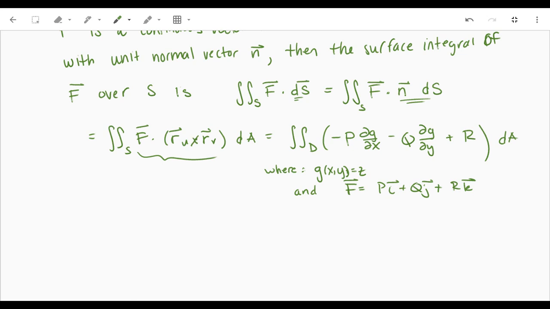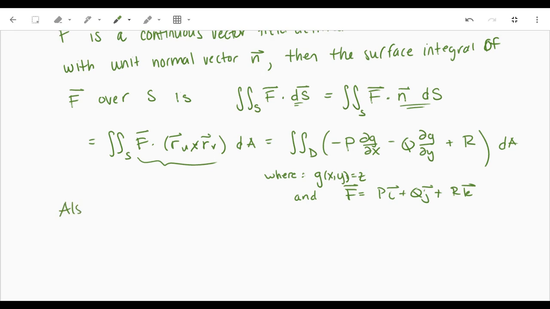So these are some equivalent expressions that we will be using. Let me get you an example of that. This is also called flux. It's the rate at which stuff passes through the surface.